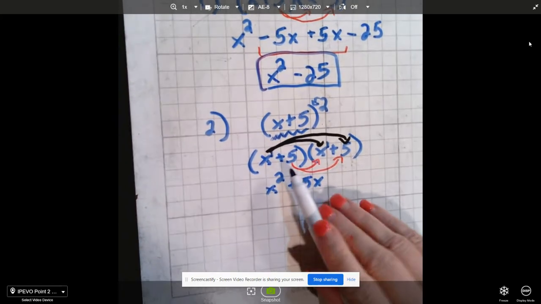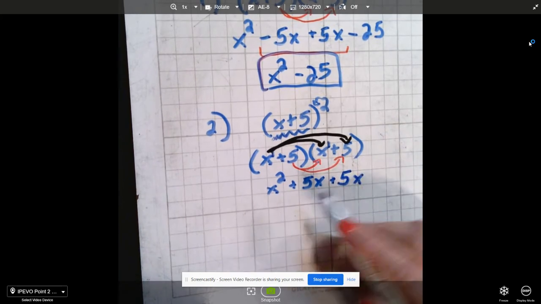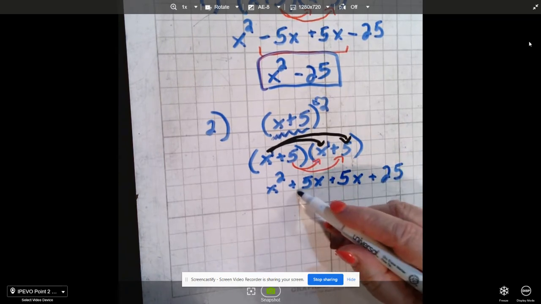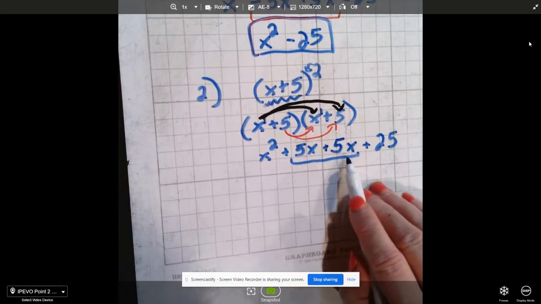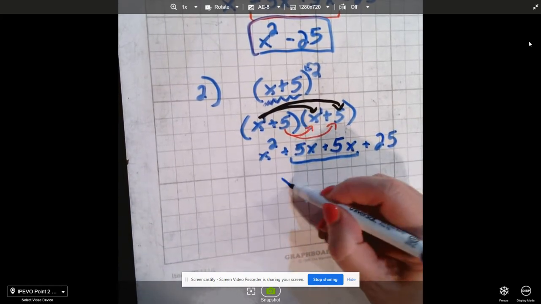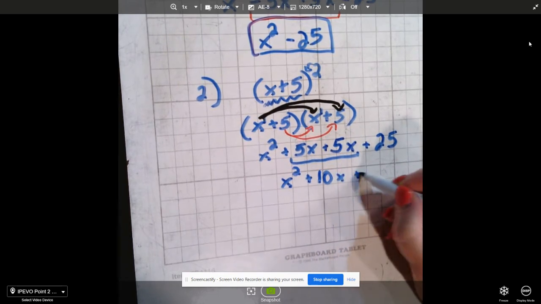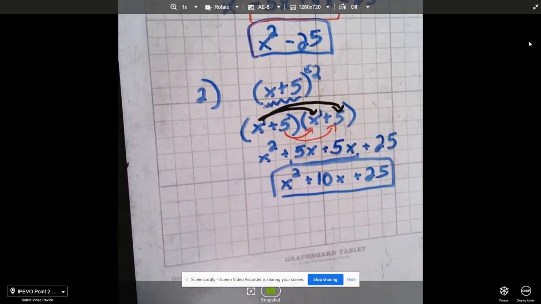So I have positive 5 times x is a positive 5x. And a positive 5 times a positive 5, again, you're multiplying, so that will be 25. These will always be your like terms, but now they are both positive, so they don't cancel out. So I have x squared plus 10x plus 25 is my final answer.